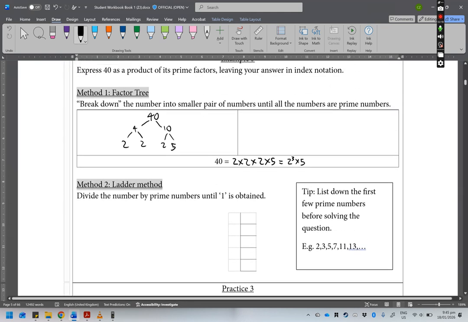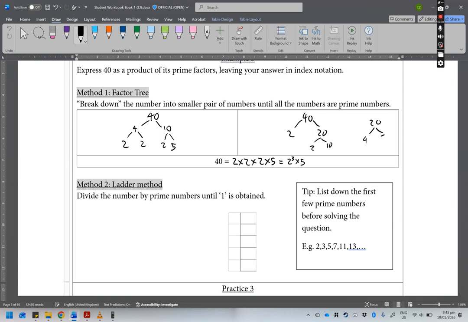Okay, and it doesn't matter how you break it down. So for example, 40 can also be broken down into 2 and 20. Then 20 can be broken down into 2 and 10, or it can be broken down into 4 and 5 also. Then I'll get 2, 2 or 2, 5.